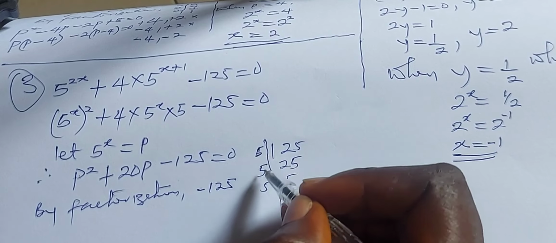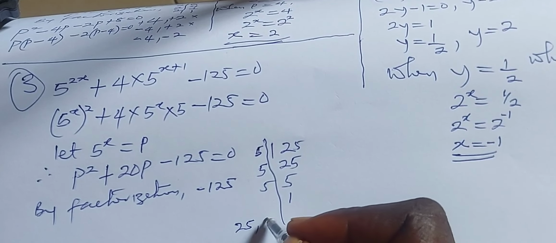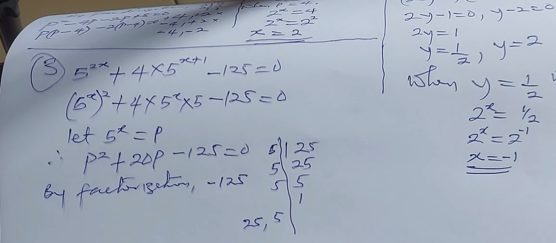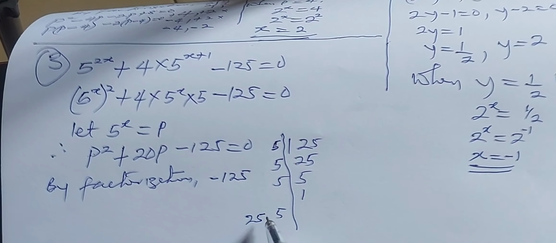When you say 5 times 5, we have 25, and we are left with 5. With these two factors, let's try to assign plus or minus.